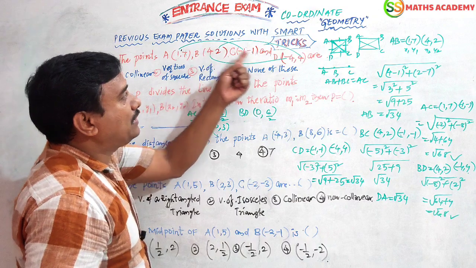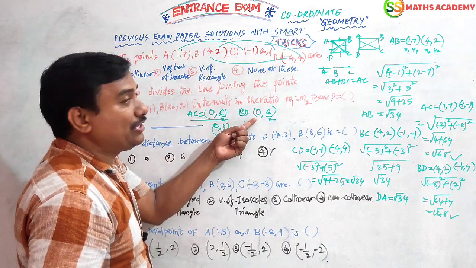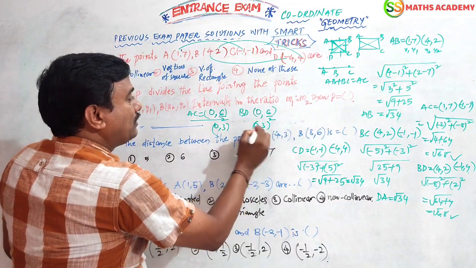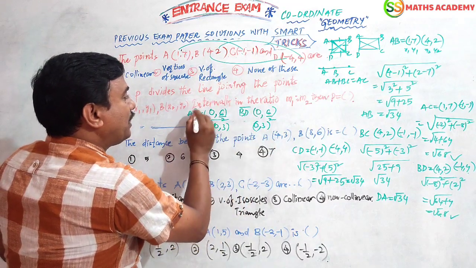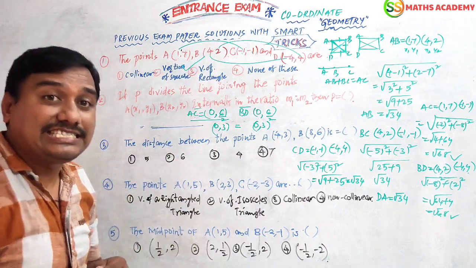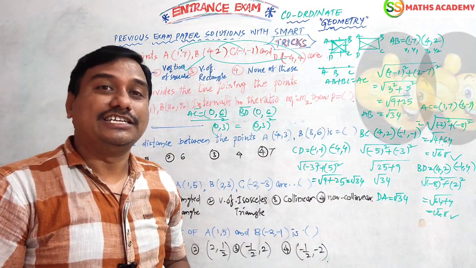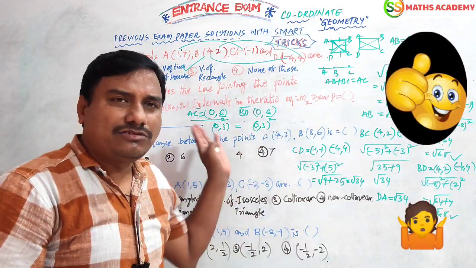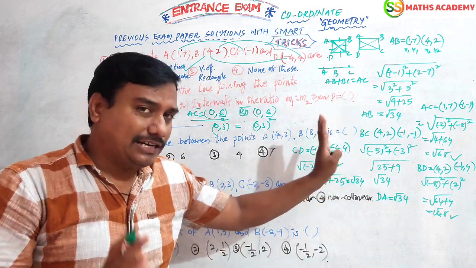Here x1 + x2: 4 - 4 is 0, by 2 is 0; 2 + 4 is 6, by 2 is 3. So the midpoint of AC equals the midpoint of BD. Then it is called vertices of a square.